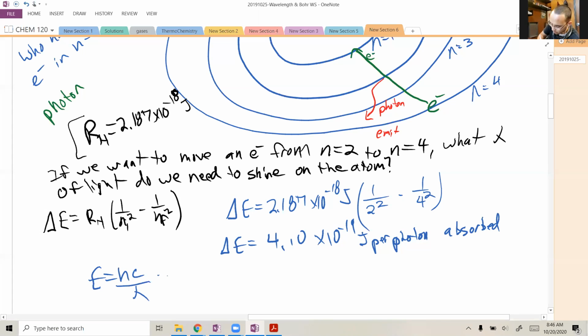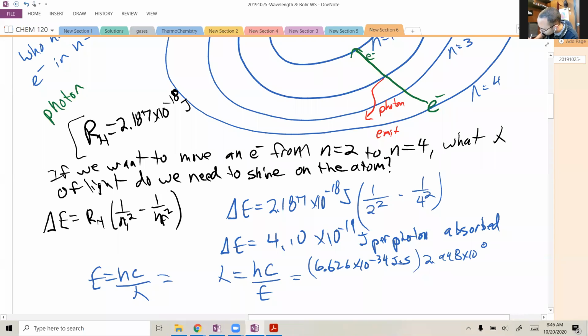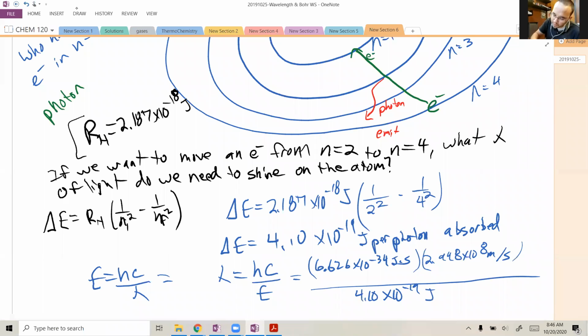So if we want to get to our wavelength, then wavelength is Planck's constant times the speed of light divided by our energy. If we set that up correctly, you can see that all of our units will cancel, joules and joules, second and second, and we're going to end up in meters.